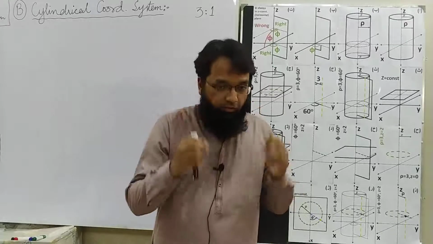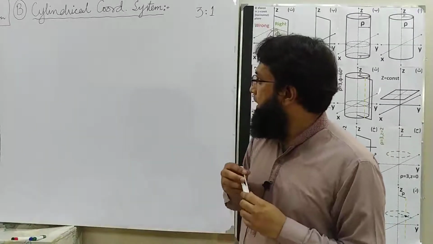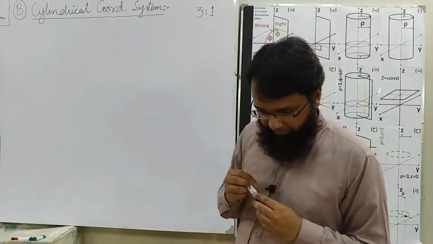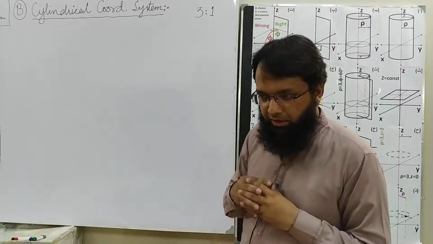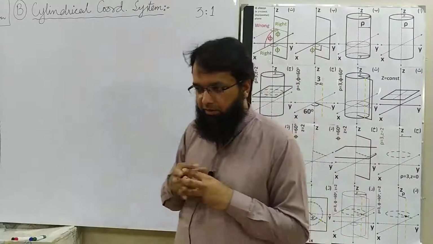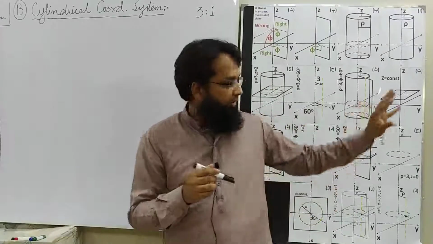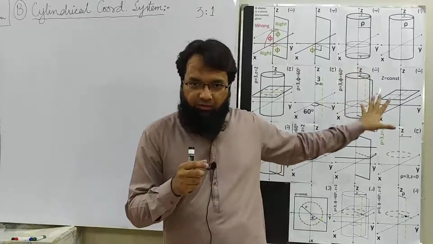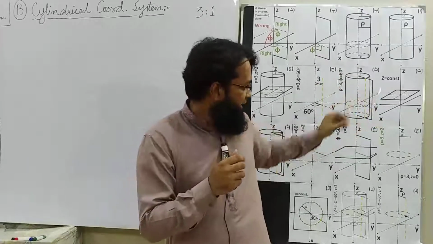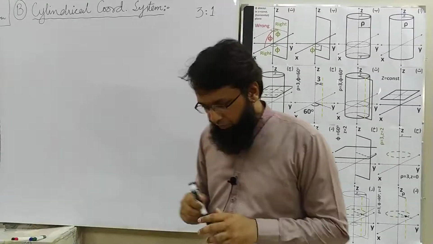We'll start right away from the main topic, that is the cylindrical coordinate system. In the last classes we had discussed extensively about the rectangular coordinate system, and by the way, don't be intimidated by these figures. When we get into it, things will be very simple for you to understand.